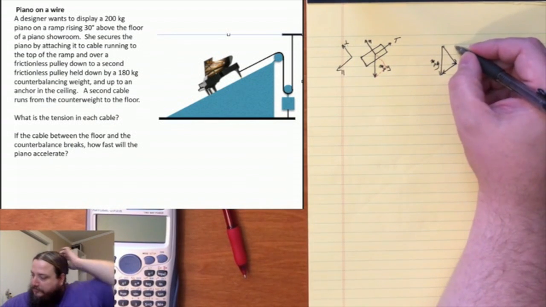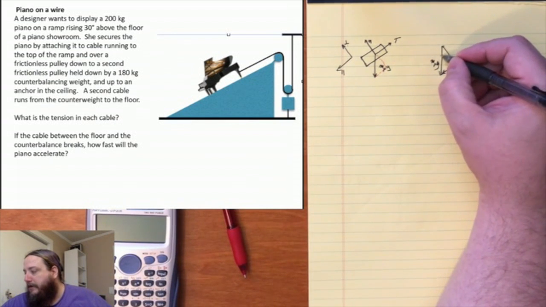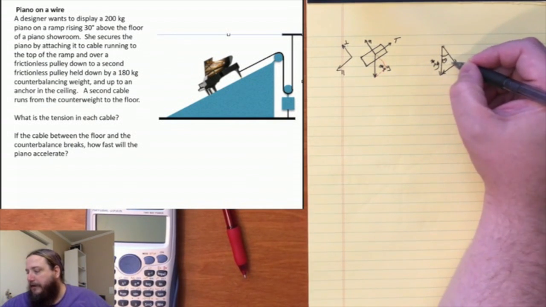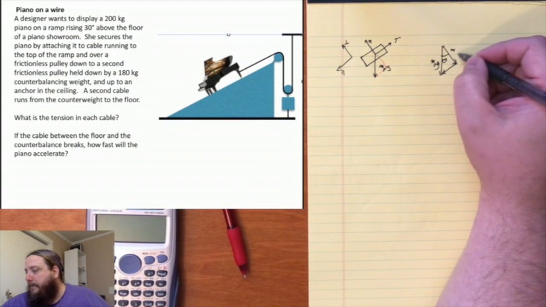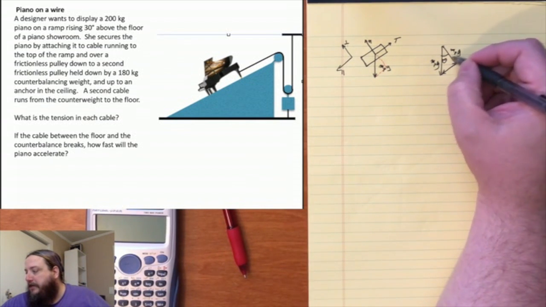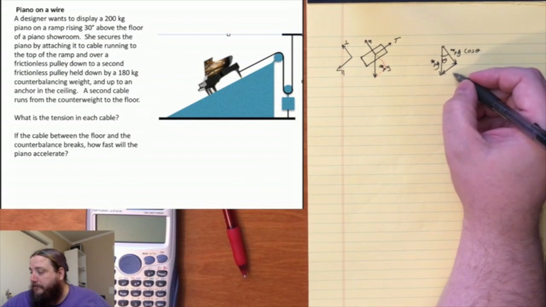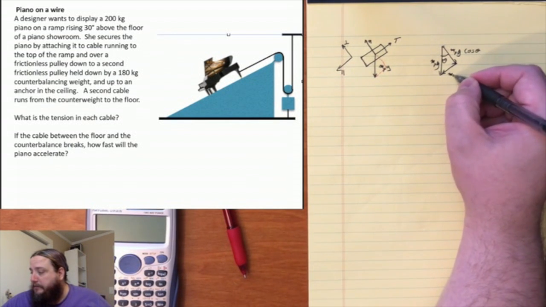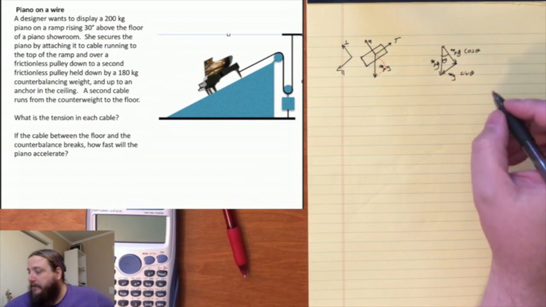We'll call this the parallel component of weight. Here's our 30-degree angle, I'll label it as theta. This is going to be mg times cosine theta, and this one is going to be mg sine theta.